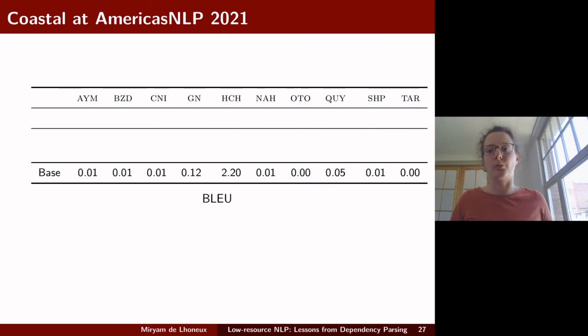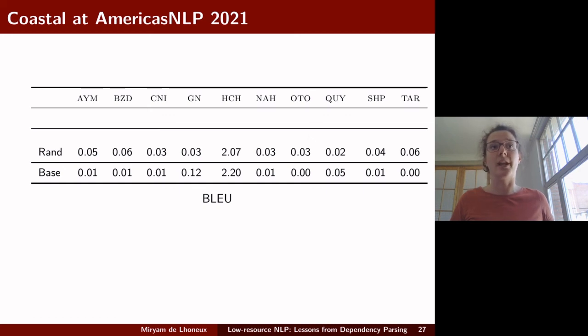So I will only show BLEU scores because I believe the community is more familiar with them. So we can see the BLEU scores of the baseline are extremely low. And we would expect our random babbling baseline to be even lower, but it is actually not for all languages. And as I said, we submitted the system and unexpectedly it was not ranked last.